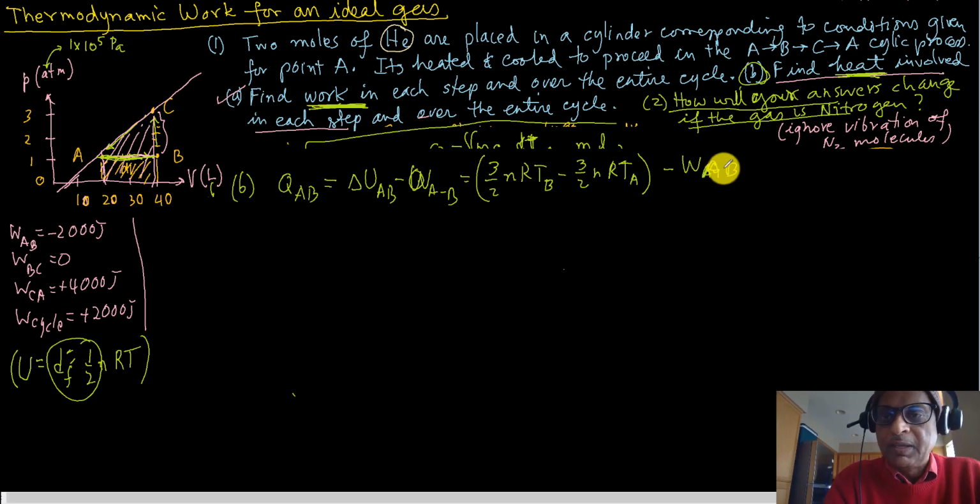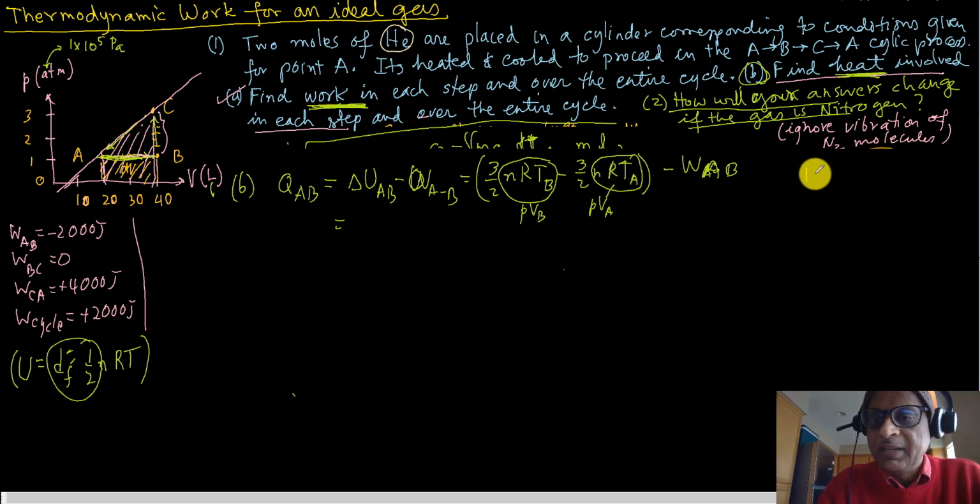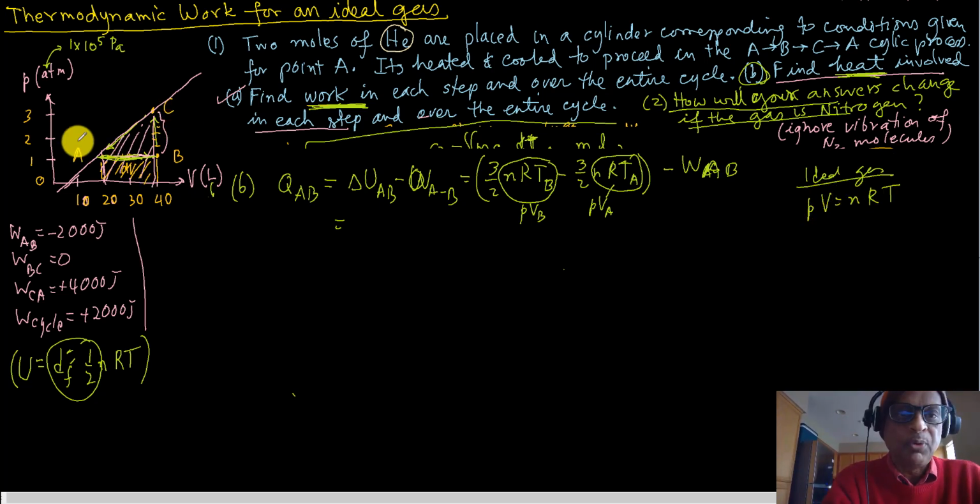Yeah, A to B. So nRTB can be equal to P times VB, and nRTA equal to P times VA, because for ideal gas we also have PV equals nRT at any point.